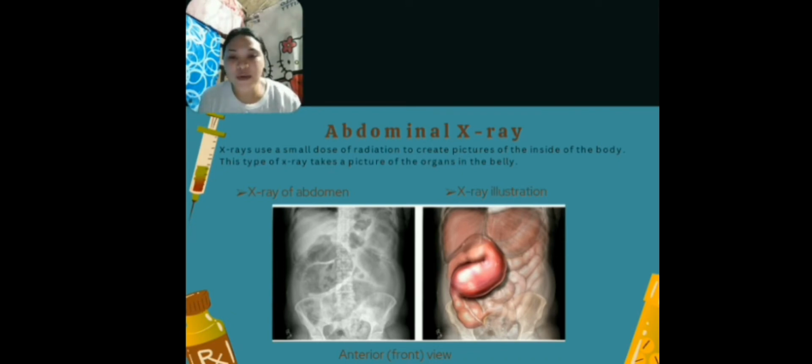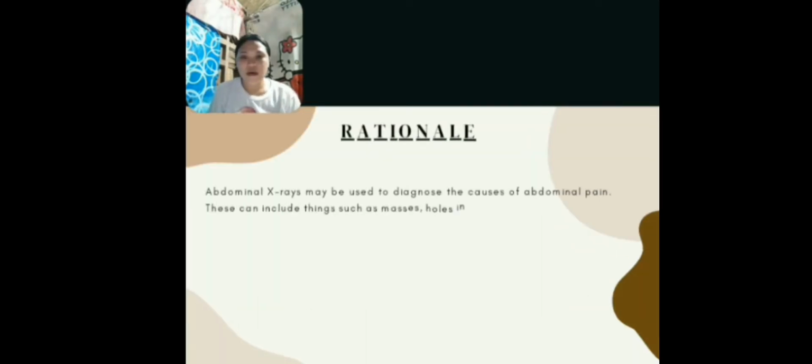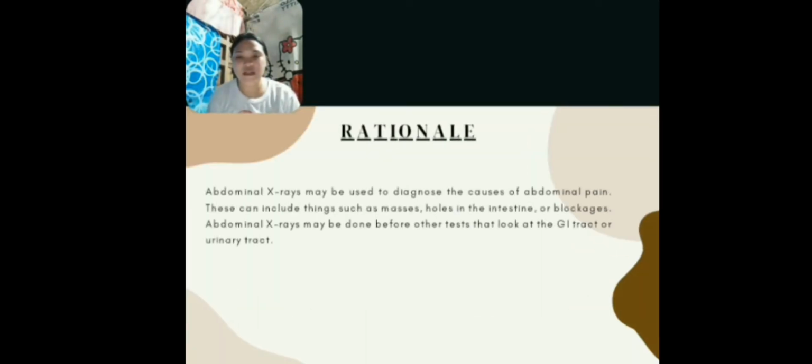The left picture is an X-ray of the abdomen, and the right picture is the illustration. So the rationale is that abdominal X-rays may be used to diagnose the causes of abdominal pain.